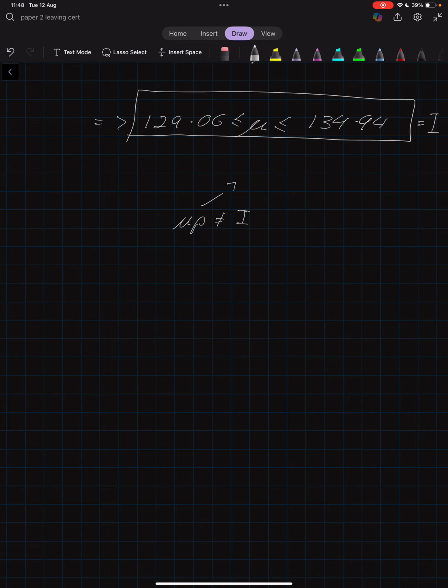My z-score is going to be x minus mu all over sigma over root n, so exactly what we've been doing. 132 minus 128 all over 15 over root 100. This is 2.67.